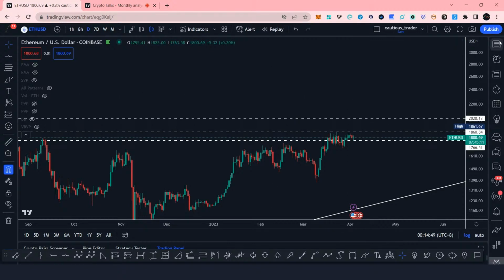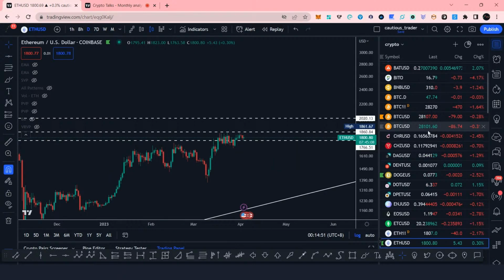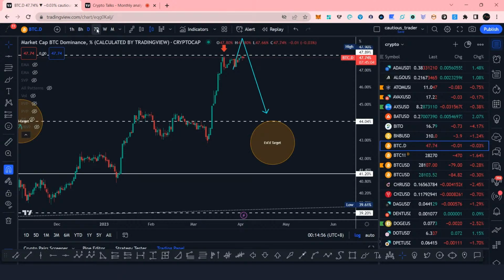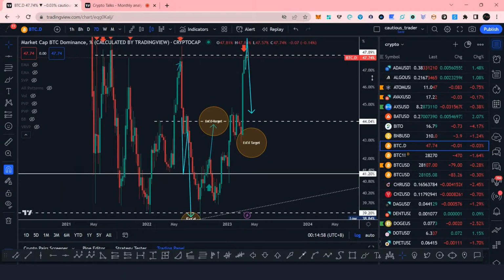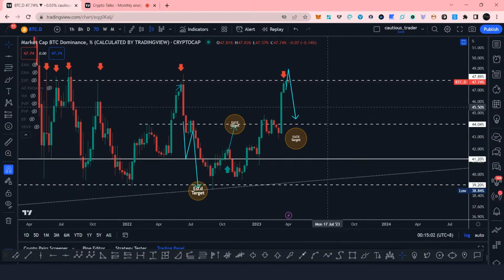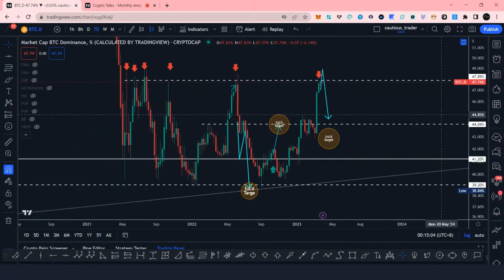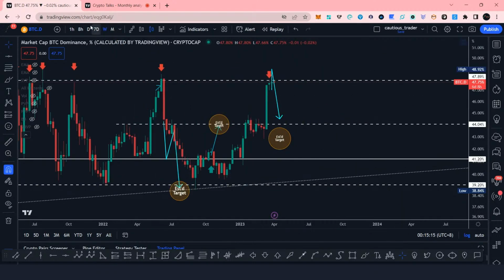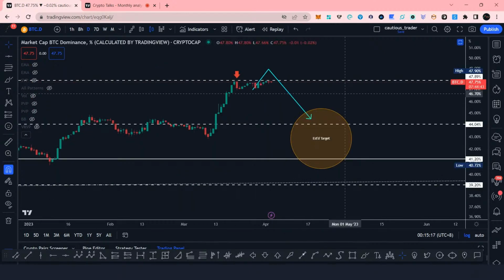What else? Yeah, let's just check a bit of the dominance. So what happened here now? Last time I was expecting a resistance at 47 percent, but it seems like, let's see. Let's look at the daily.